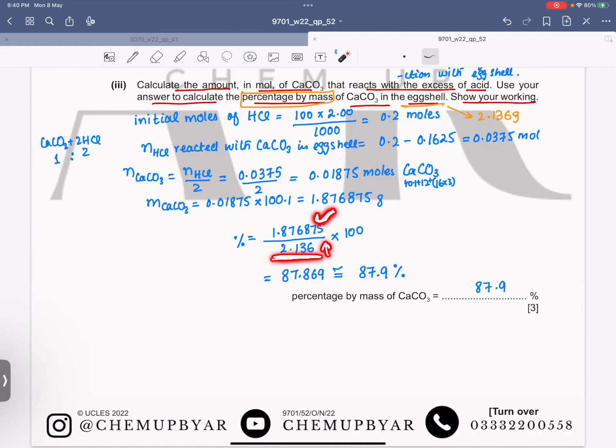So this value remains the same, and we are getting the higher value in the denominator. And if we do the calculation and find the percentage by mass, this percentage by mass would be lower than this one, right? Is this clear? Yes, sir.